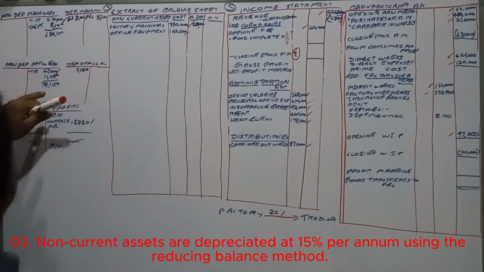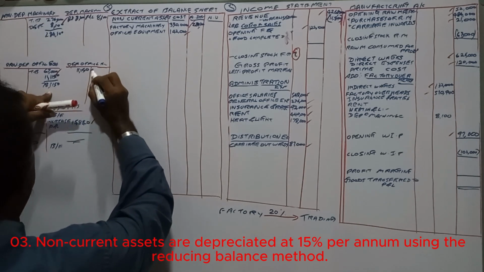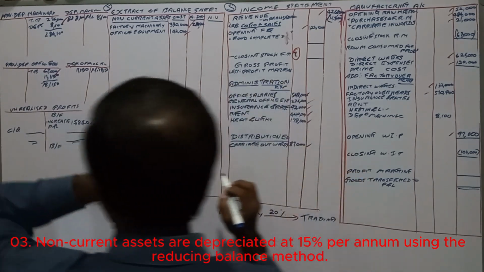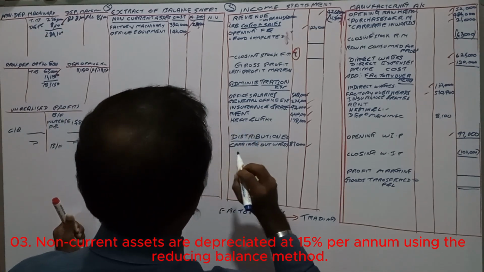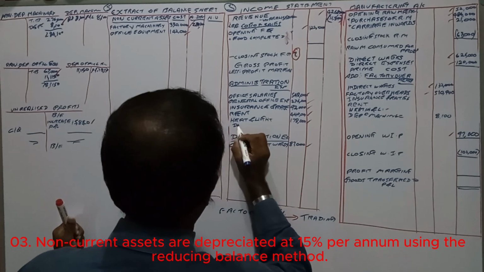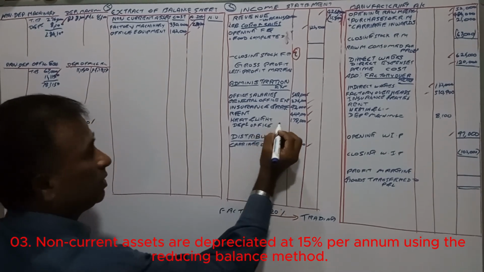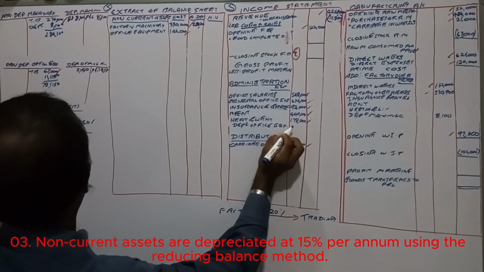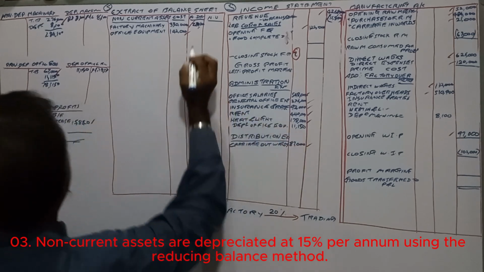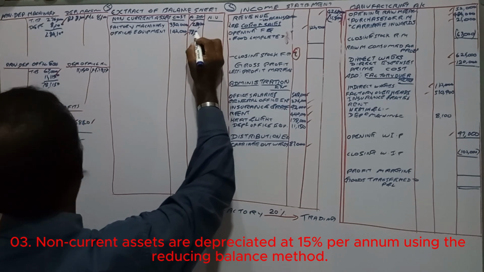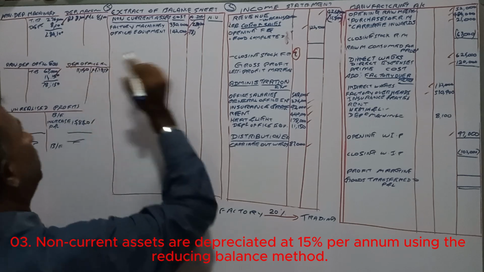So you have to add it, 78,250. 11,250, and P&L: you have to say office equipment depreciation, 11,250. Here the accumulated depreciation is 78,250, right?